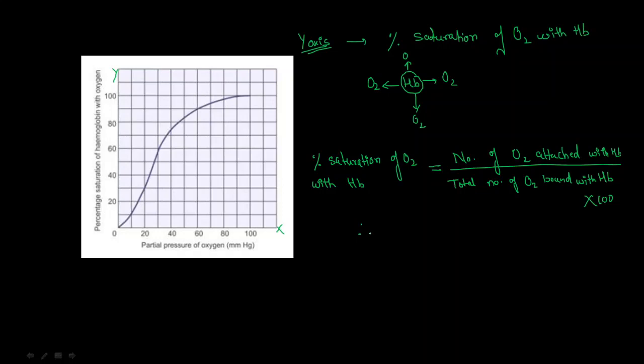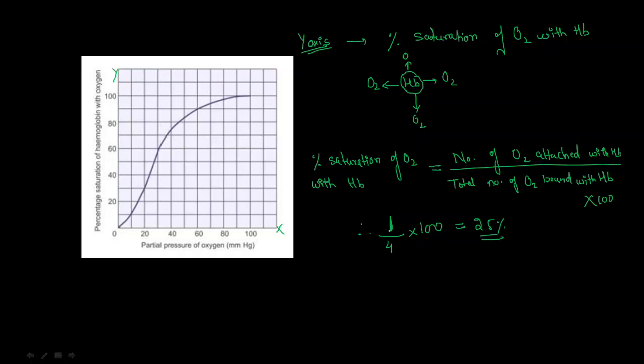So I can say, if at any time only one molecule of oxygen is bound with hemoglobin, the number of oxygen attached with hemoglobin is 1, and the maximum number of oxygen molecules that can bind with hemoglobin will always remain 4. So 1 by 4 into 100 will give you 25%.